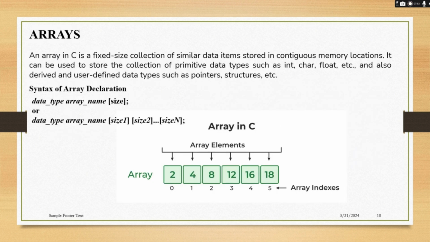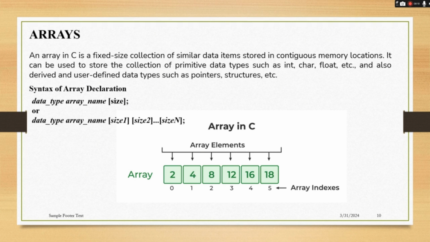Arrays. An array is a user-defined data type, as we saw in the earlier slide. An array is a fixed size collection of similar data items stored in a contiguous memory location. It can be used to store the collection of primitive data types such as int, char, float, etc., and also derived and user-defined data types such as pointers and structures.